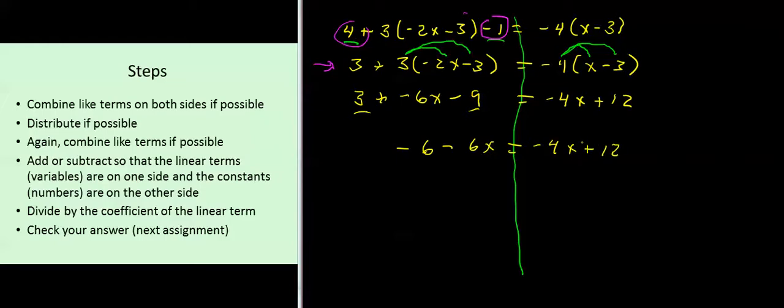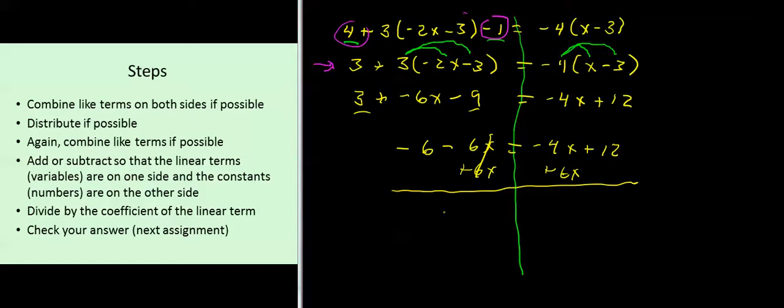Now, we're almost done. We add or subtract. I have a negative 6x and a negative 4x. I like my coefficient positive, so I'm going to add 6x to both sides of the equation. Again, I'm going to draw my line.